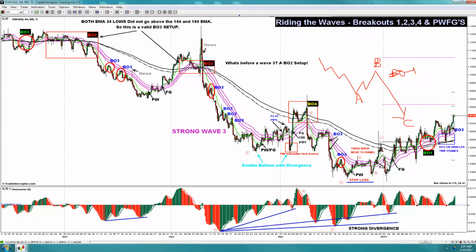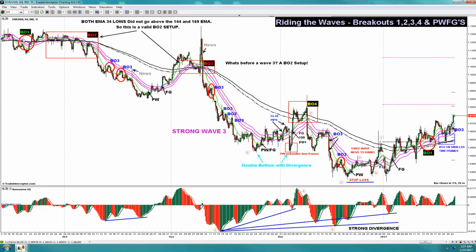And that is one of our favorite trade setups, the breakout 4, where you do have that extended PW fill the gap, and then you have the move down for the wave 5. So let's look at this picture, and then I'll take more questions.